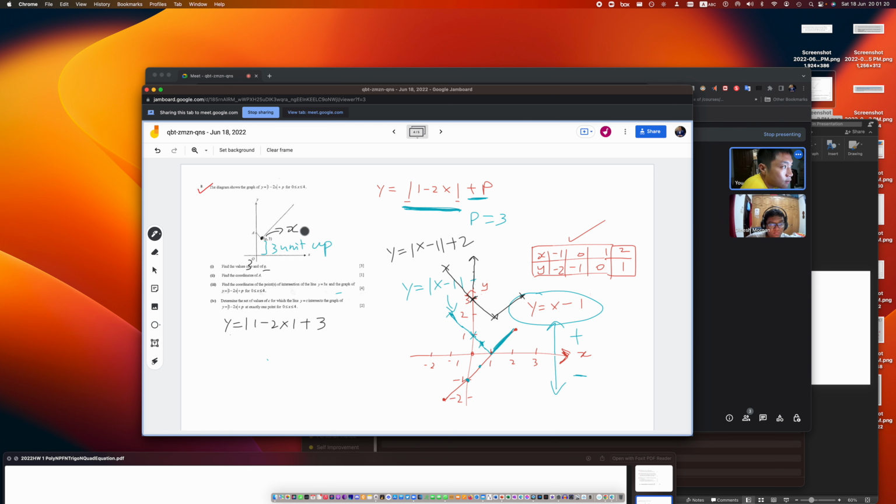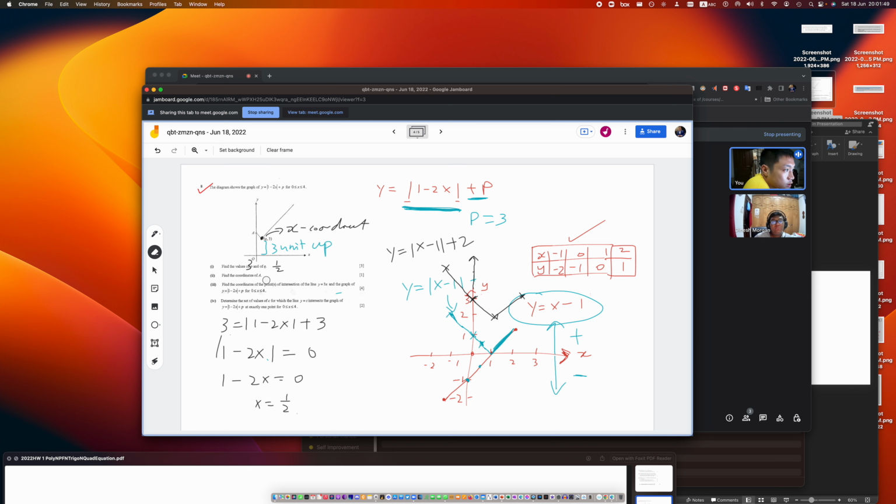Substitute y equals 3, so you end up with 1 minus 2x equals 0. Then 1 equals 2x, so x is a half. So the answer for q is a half, not minus. Okay? Good.